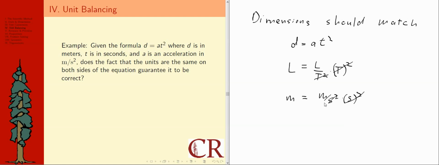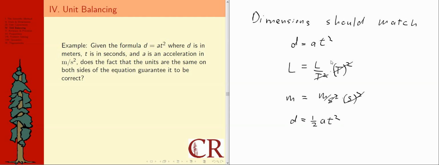So I've got to think a little bit here, because what could possibly make it not correct? Well, as an example, what if somebody else said, I think the correct equation to describe whatever this might be describing, instead of d is equal to at squared, is d is equal to 1/2 at squared.